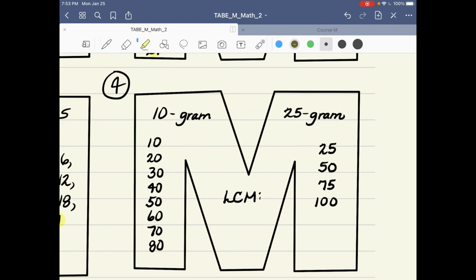But we have our common one. When each side of the scale has 50 grams, it will balance. So we want to choose for number 4.